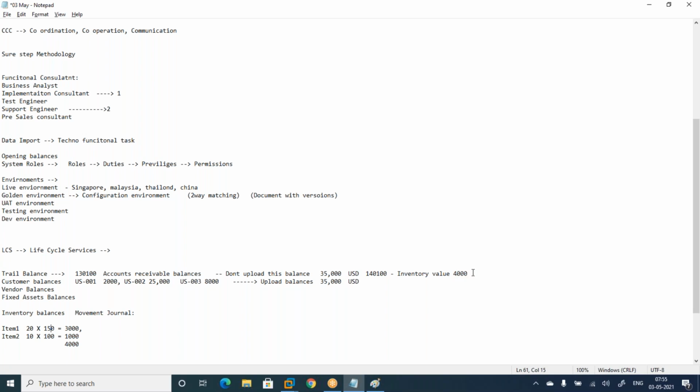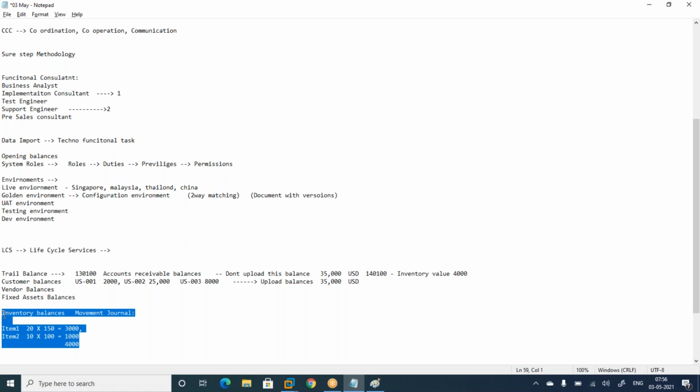Don't upload inventory value from the ledger account. Raise the concern in the very first itself. From day one, raise the concern, red flag. This is not tallying. I cannot do it. Being a functional consultant, I cannot do it. This is between the stores department and the finance department.